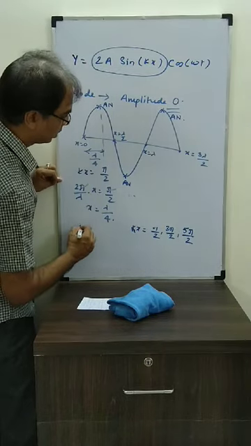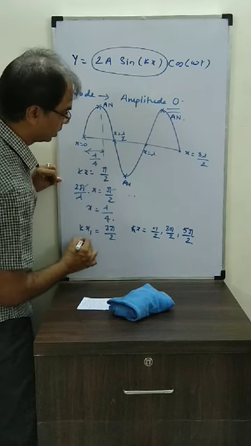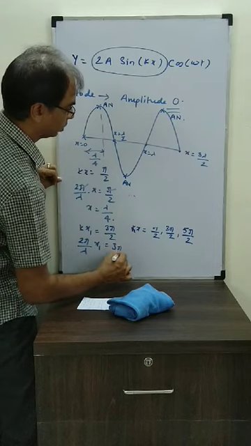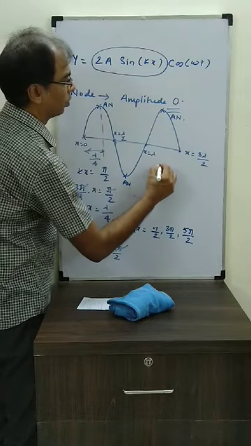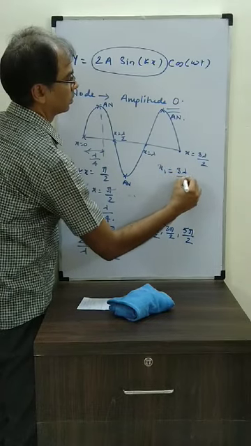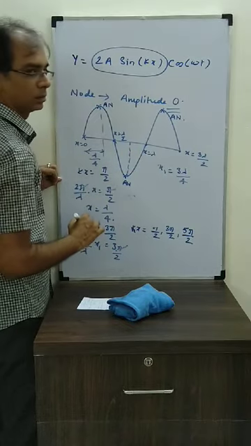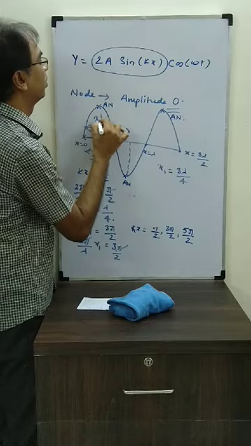Let's put it: kx1 equal to 3 pi by 2. Put the value of k, 2 pi by lambda, x1 equal to 3 pi by 2. The x1 value you can see is 3 lambda by 4. Okay, where is this? It's here. So this value is 3 lambda by 4.